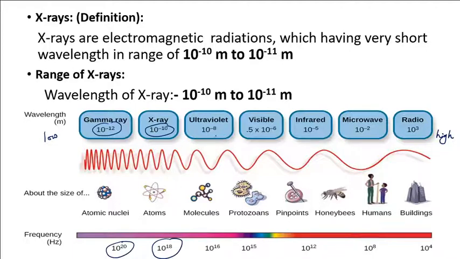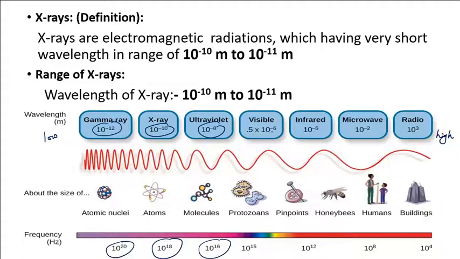Next comes ultraviolet rays. The wavelength of ultraviolet rays is higher than X-rays. It is of the order of 10 raised to minus 8 meter, and its size is compared to size of molecules. Its frequency is also high, 10 raised to 16 Hz. That means the energy possessed by ultraviolet rays is also high.